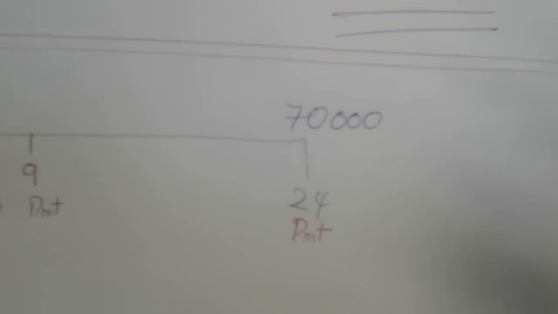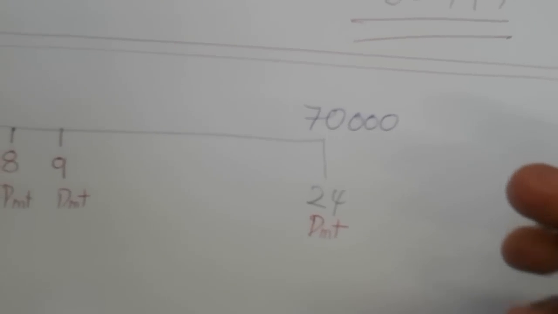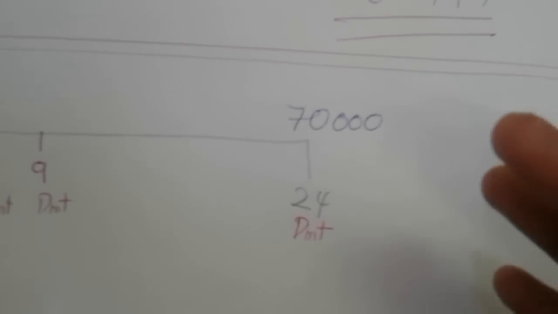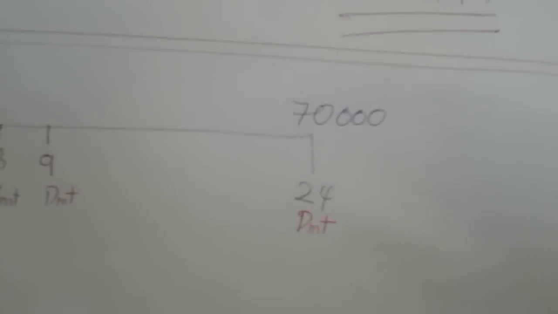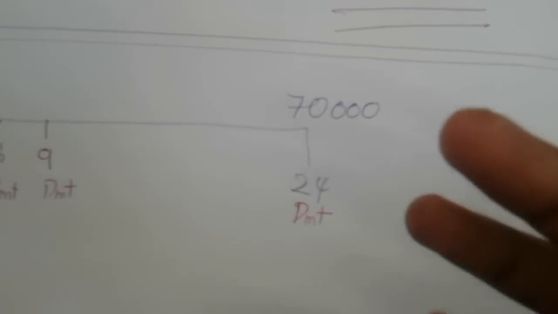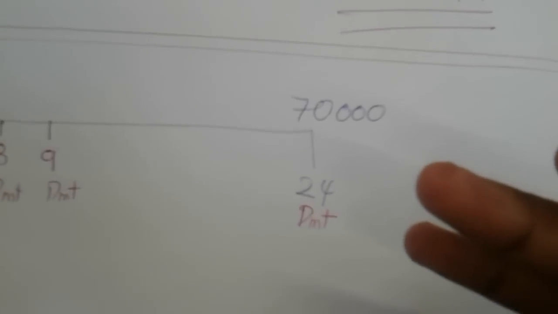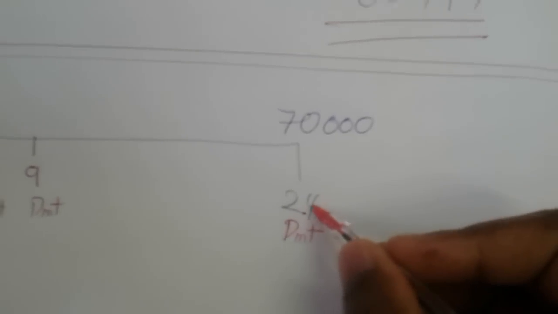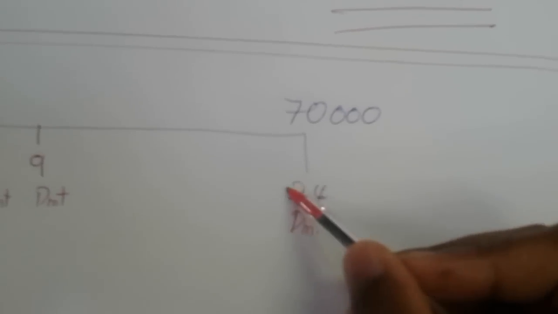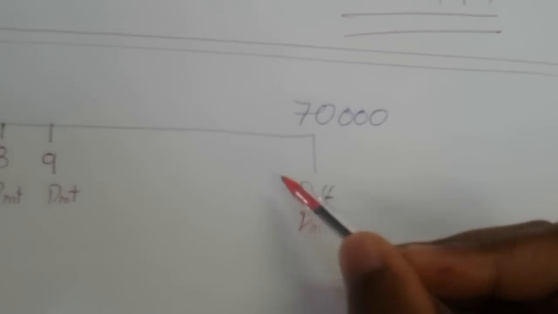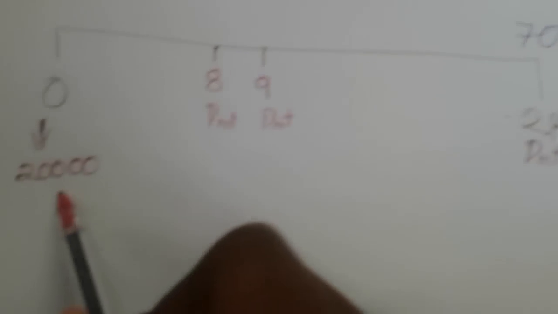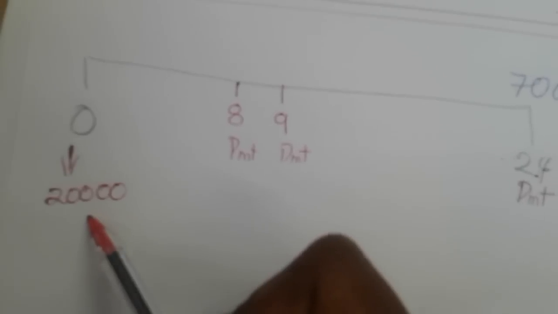To reach their target of, okay, let me read again. What do the monthly deposits reduce to starting end of month 8 to reach the target of 70,000 at the end of month 24? Harry makes an initial deposit of 20,000, which is this one, into the account.